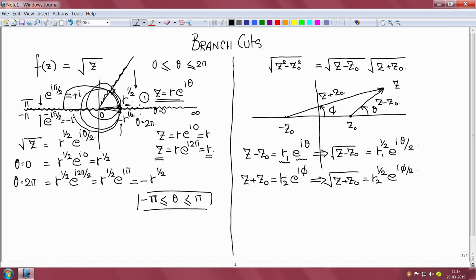Now the product: square root of z square minus z0 square is equal to r1 r2 to the power half and e to the power i (theta plus phi) by 2.